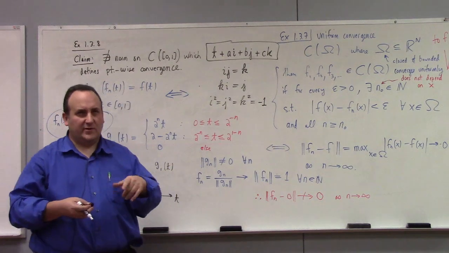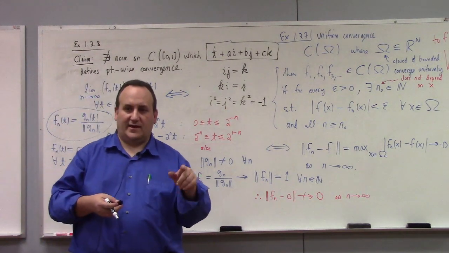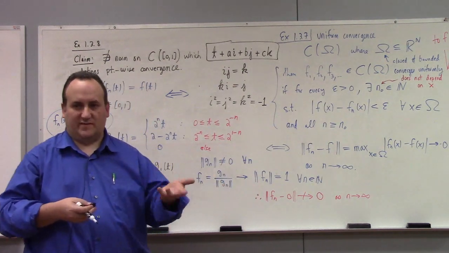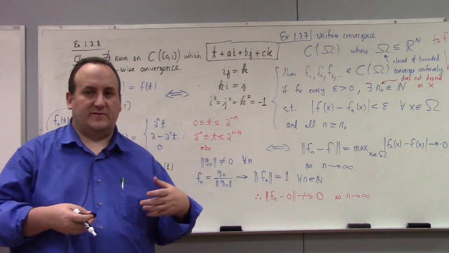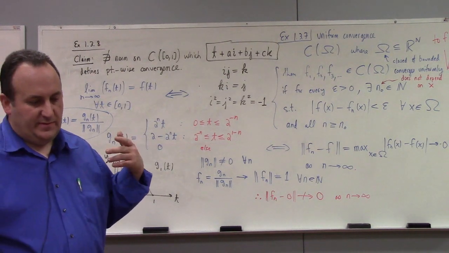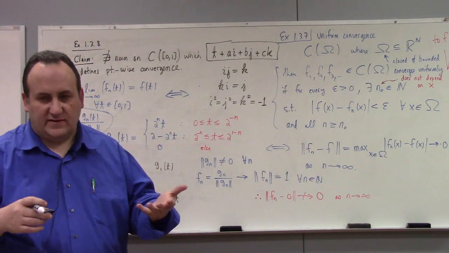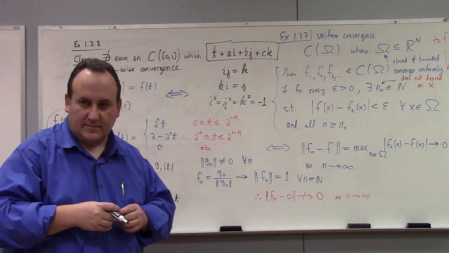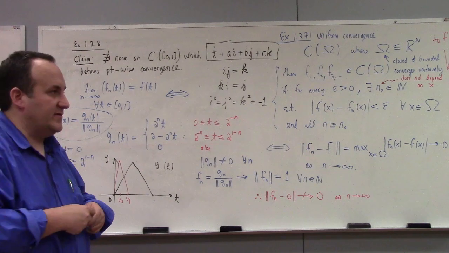And every non-zero element has a multiplicative inverse, right? That's what makes it a field. It's not just an integral domain. It's an integral domain where everything's a unit, except for 0. Everything has a multiplicative inverse except for 0.